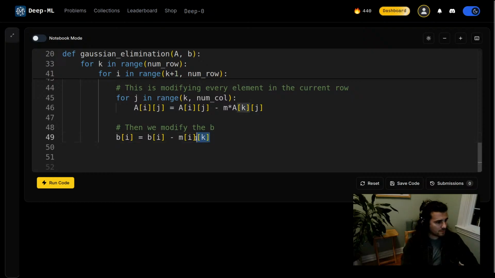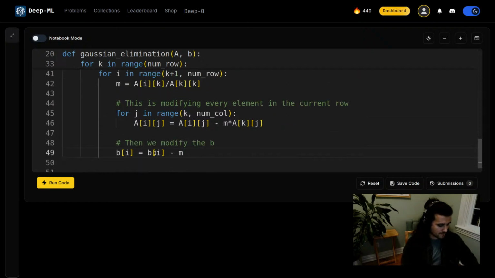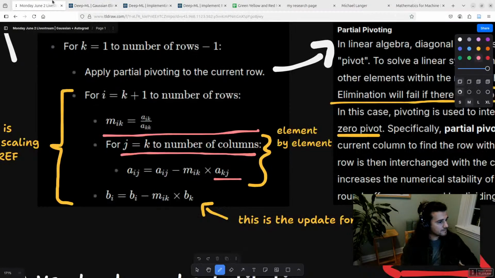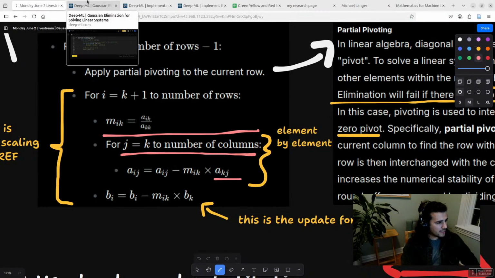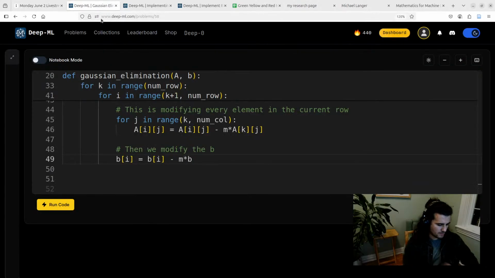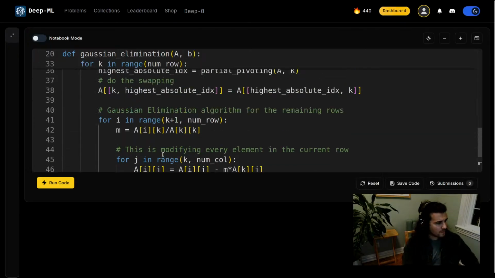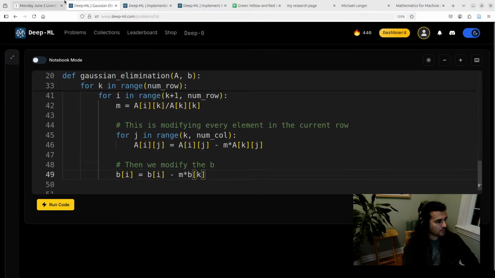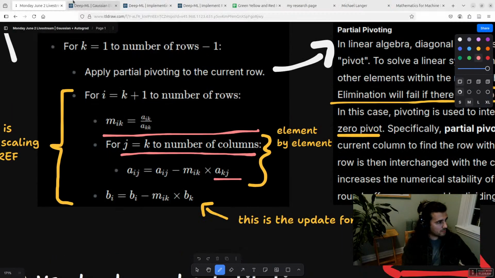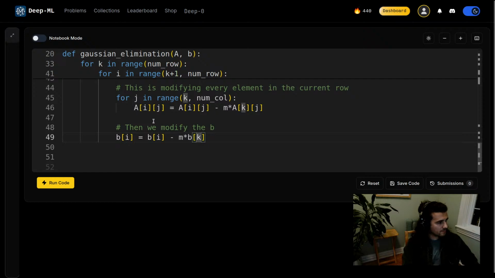No, sorry, this is not a matrix, just m times b at k. Right, makes sense. Okay, cool. Guess that's it.